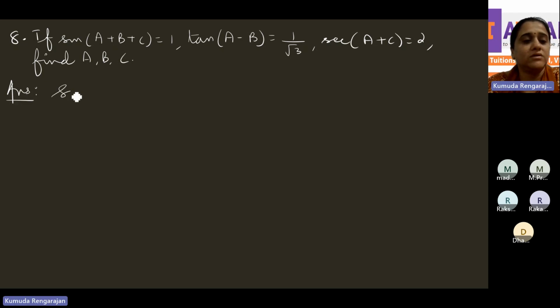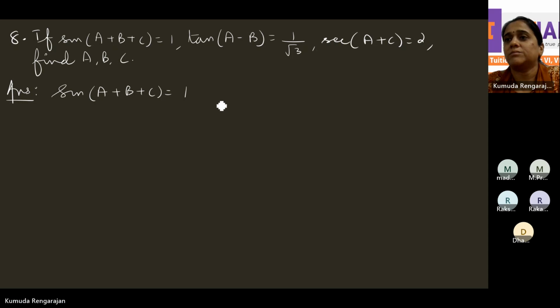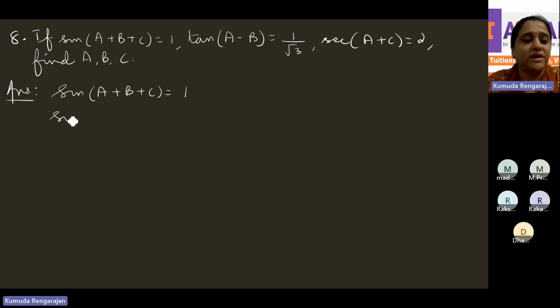So what is given? Sine of A plus B plus C is equal to 1. When is it 1? Sine 90 is 1. So write sine of A plus B plus C is equal to sine 90. Understood this? Now when you compare both the sides, what do you get?